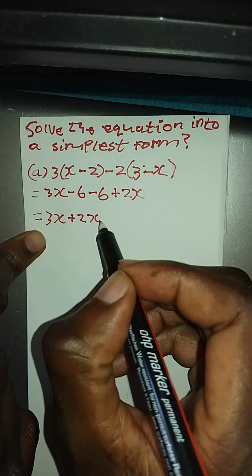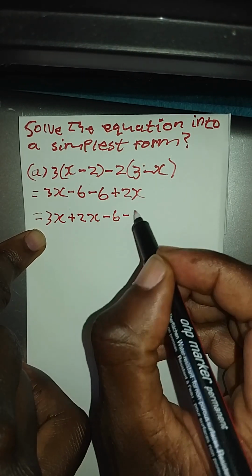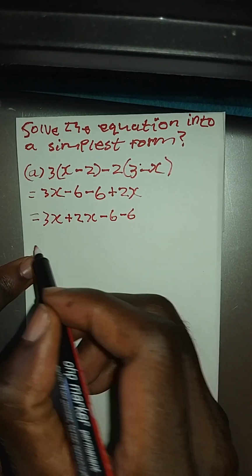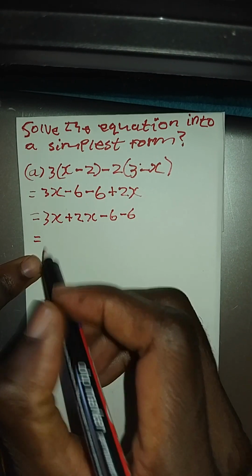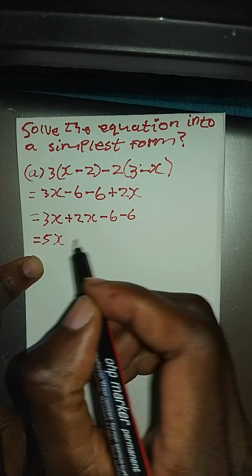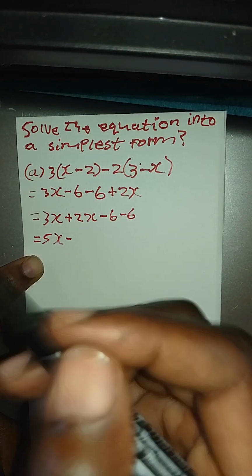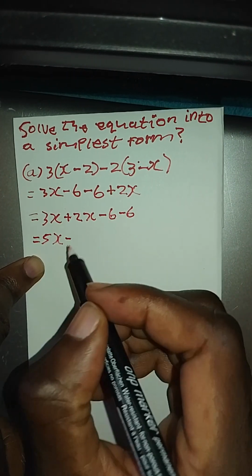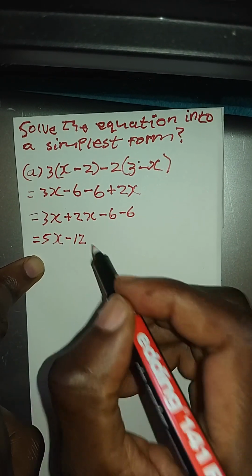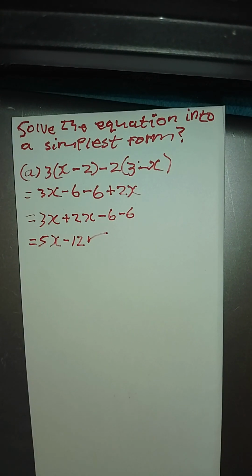Same time, we've got minus 6, minus 6, like terms. So this is equal to 5x minus 6, which means you are going to the other minus on the number line, so it will be minus 12. This is the final answer for solving the equation.